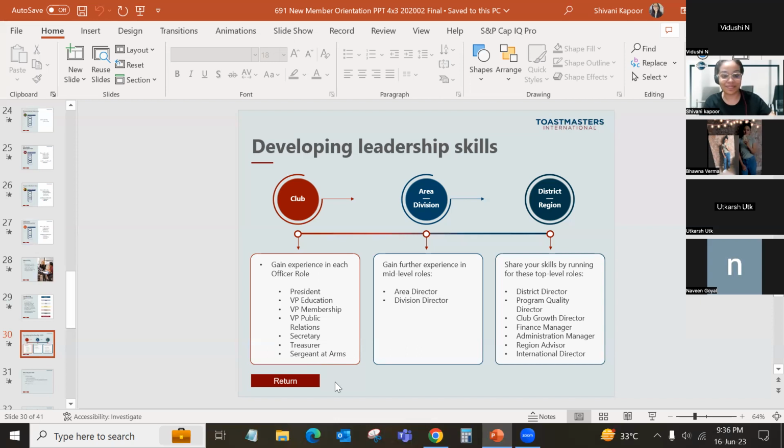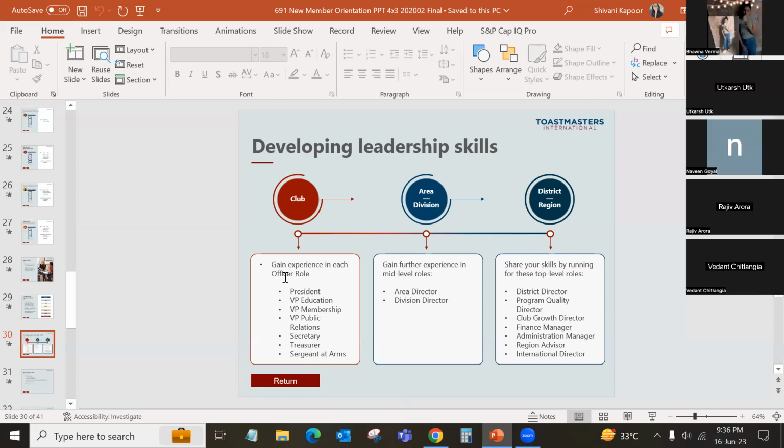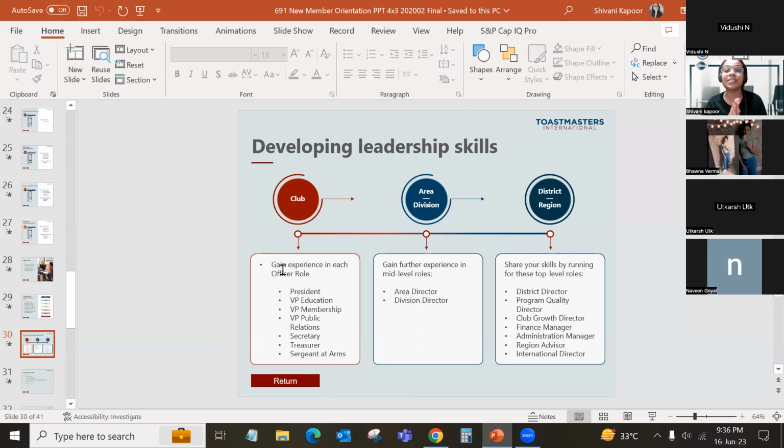This TM, or the Toastmaster of the day. Okay, now that is a role. Toastmaster of the day is a meeting role. We are currently talking about leadership opportunities in a club, which has 7 officers, EC officers, executive committee officers: president, vice president education, vice president membership, VP PR, secretary, treasurer, and sergeant at arms.